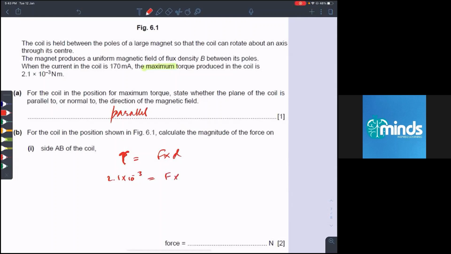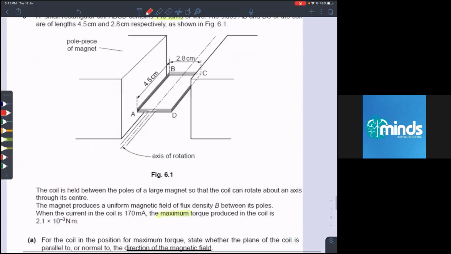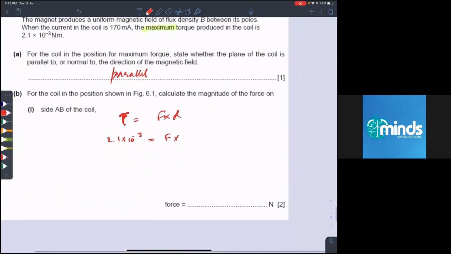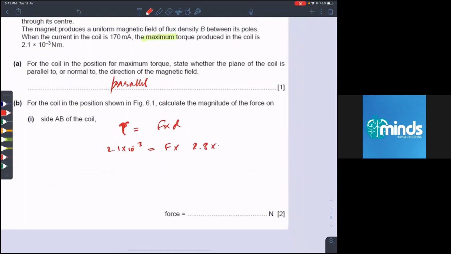Force is unknown, and the value of moment arm should be B, which is 2.8 centimeter. Since we use SI units, it will be 2.8 exponent minus 2. So if I simplify this thing, what will I be getting? 0.075. Okay, how many of you are actually getting this answer?